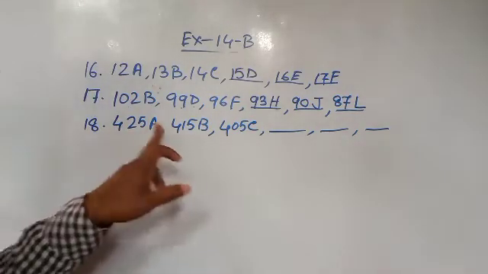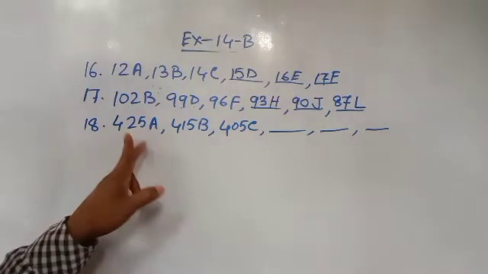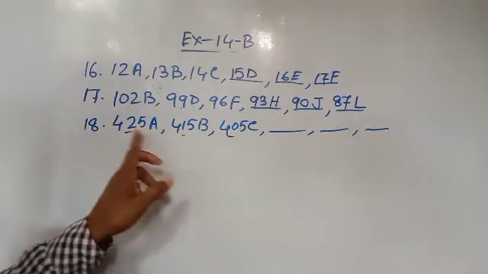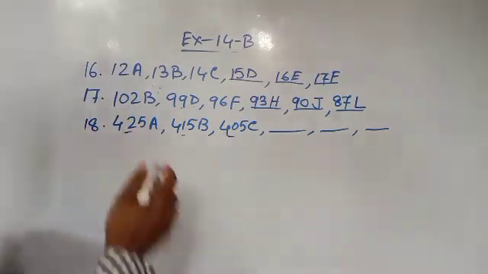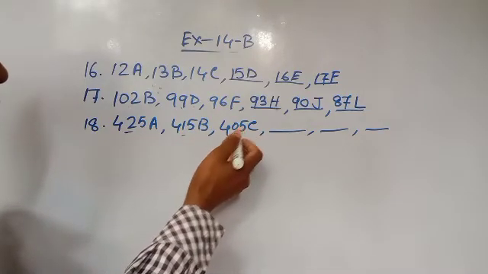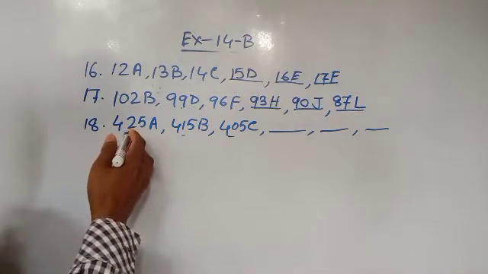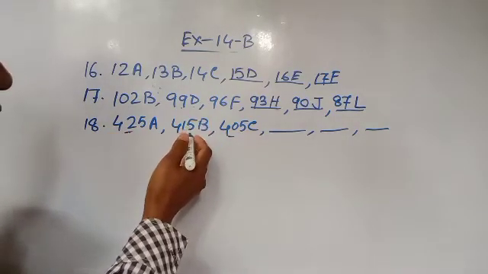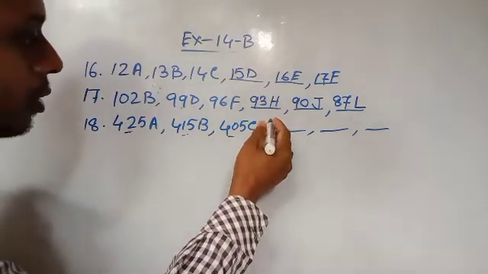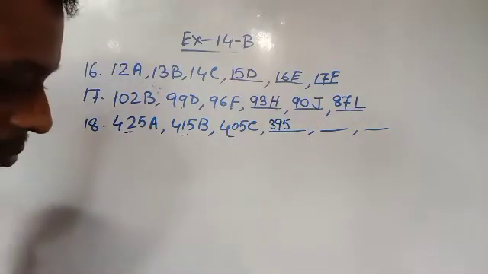Now 425, 415, 405. First of all, you see the numbers. The difference is 10. 425 minus 10, 415. 415 minus 10, 405. So from the previous number you have to subtract 10. 405 minus 10 it will be 395.